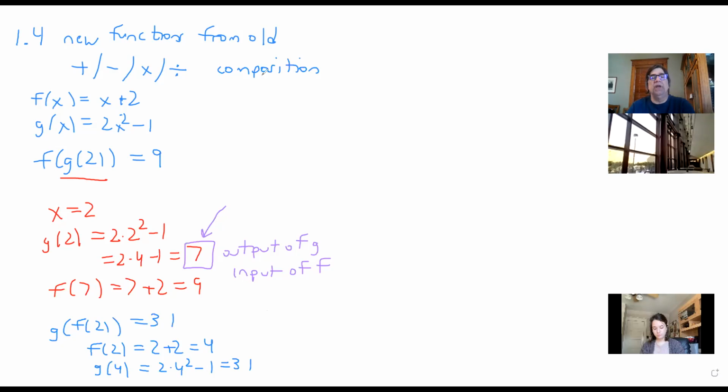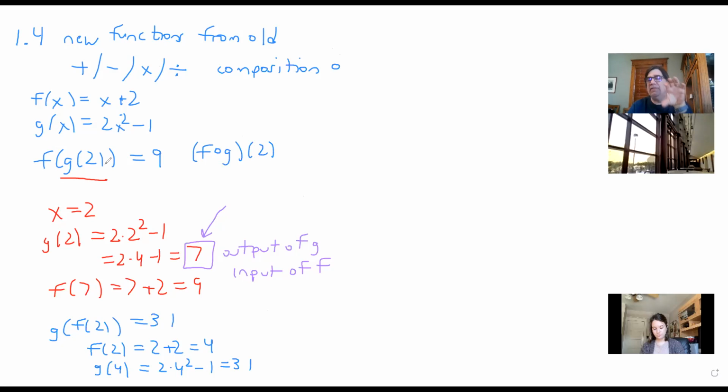So some books try to make this composition look like an operation by using what's called the circle notation. It's an open circle, it's not filled in. Filled in might make it look like a multiplication. I'm not a fan of this notation because this is how you would write it when you're doing this problem. And to me, this is a lot more specific.